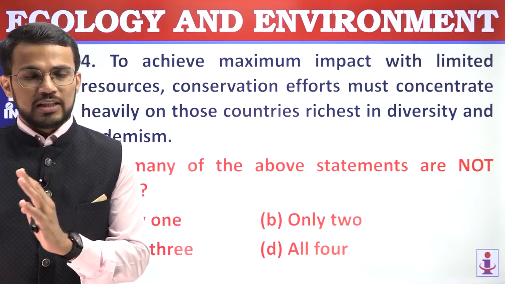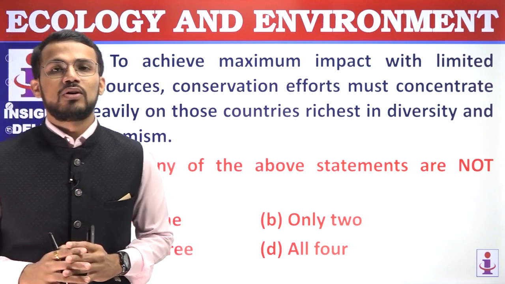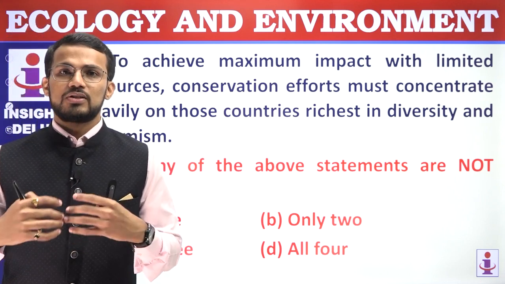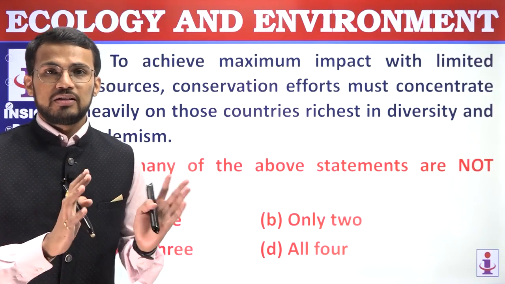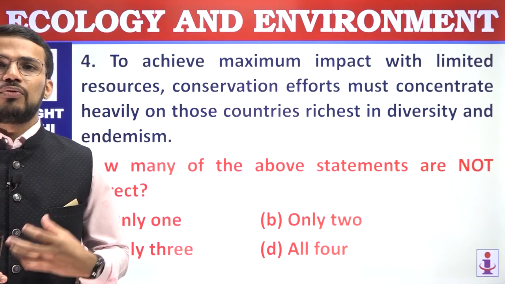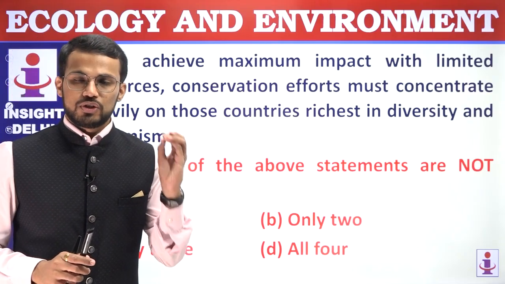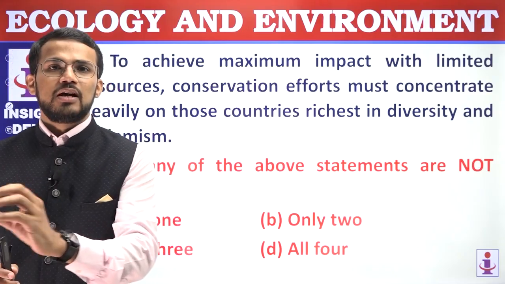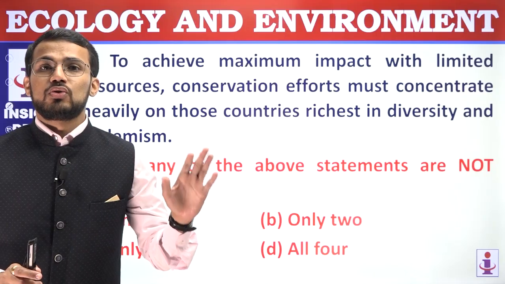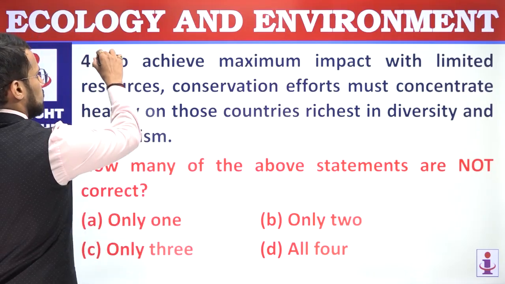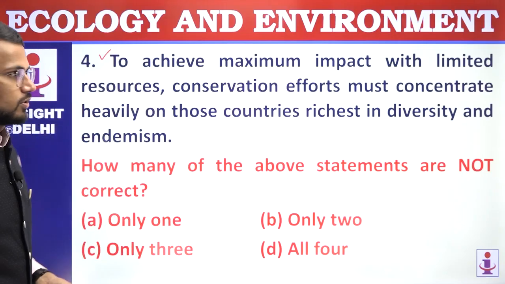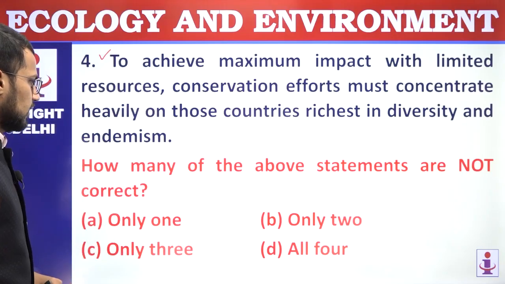But that focus should not be exclusively on such countries, because there will be other countries which are not rich in biodiversity, but they are getting threatened because of human exploitation. So we should focus more on these mega diverse countries, but should not neglect other countries. Then we'll be able to ensure the maximum impact of conservation. So fourth statement is correct.